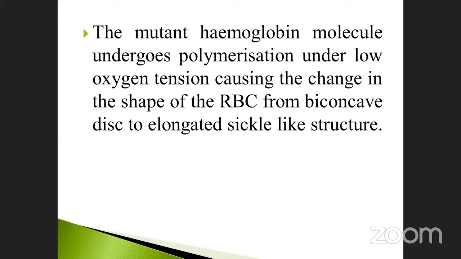The mutant hemoglobin molecules undergo polymerization under low oxygen tension, causing a change in the shape of the RBC. Because of these changes, the protein molecule shape also changes.